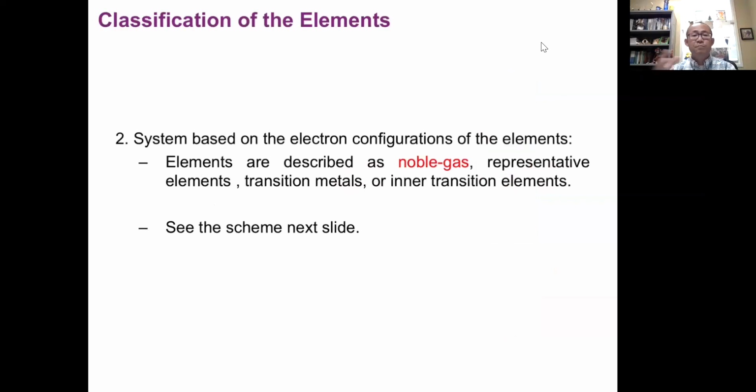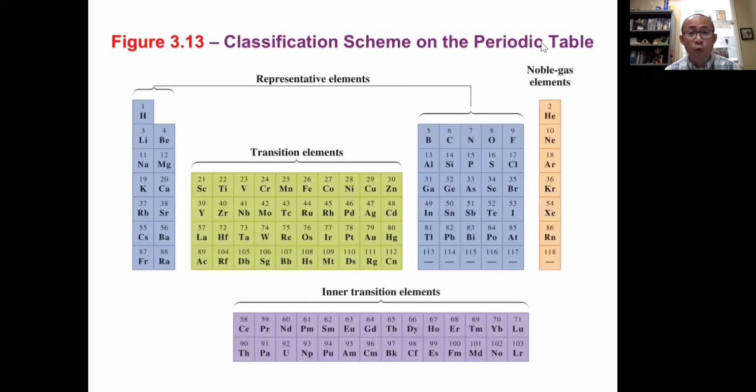Another classification is based on electron configuration. You might wonder, what is electron configuration? Don't worry, that's our topic in the second half of this chapter. Based on that, we classify the elements into 4 groups. You can see we separate the periodic table into 4 blocks.